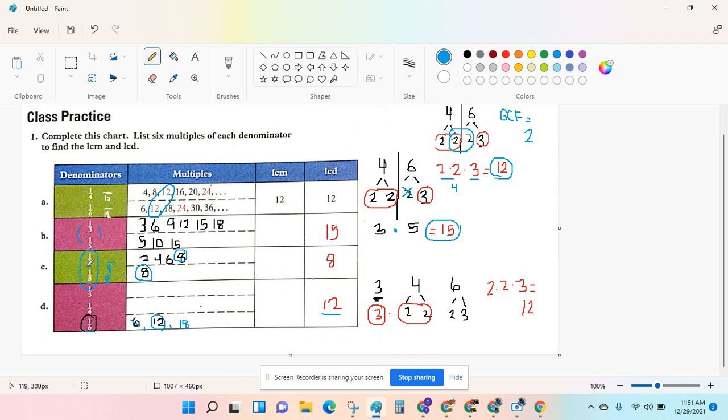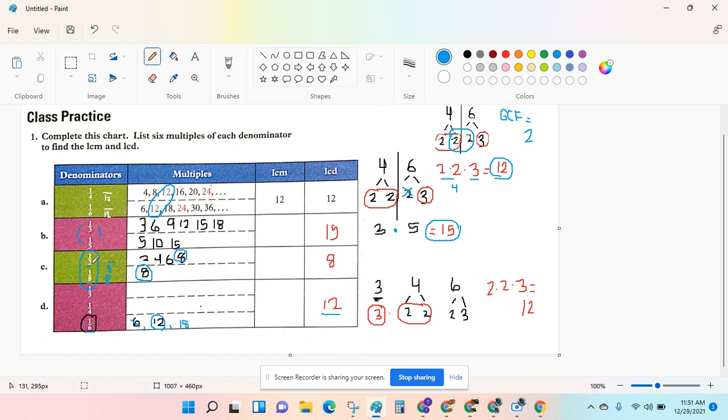But like I said before, always start here like we did on C. Stop and think, check to make sure that your smaller denominator isn't a factor of your bigger denominator. So make sure that 2 can't make 8.